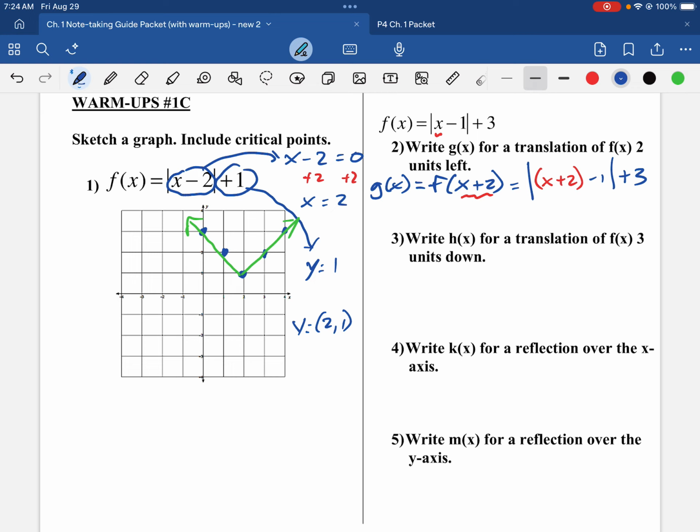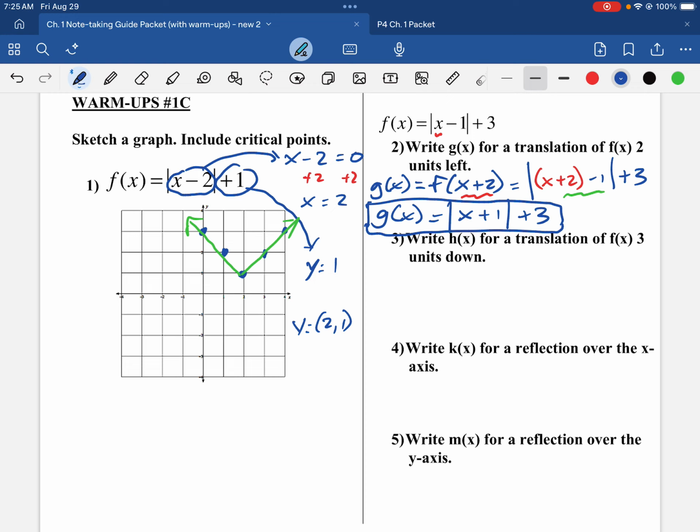So all we can do inside the absolute value is combine the 2 and the negative 1. So let's see, we'll get absolute value of x plus 1, and I've still got the plus 3 on the end there, and there is my solution. That's all we can do. You can't combine the 1 and the 3 because one of them's inside the absolute value and one isn't.